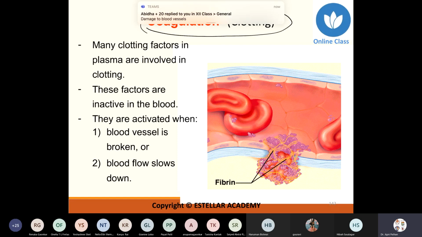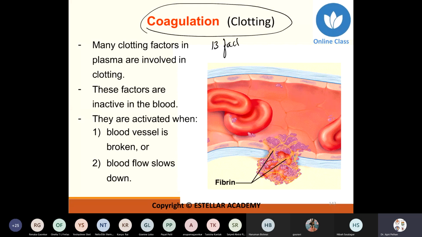Everybody listen. In the blood, you have 13 factors. Those are proteins. For example, A, B, C, D, E, like that. These factors remain inactive in the blood because if they get active, there will be a formation of clot. How do they get active?